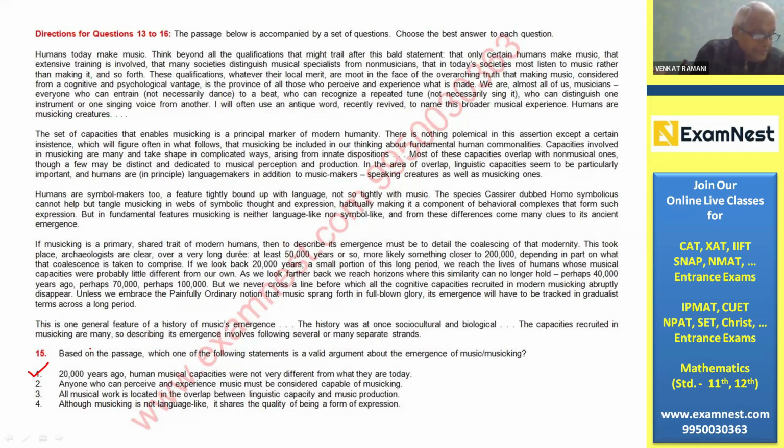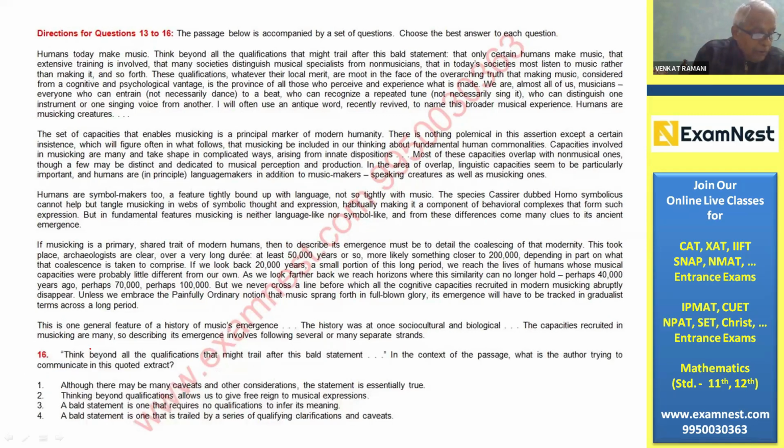The next question is, think beyond all the qualifications that might trail after this bald statement. I think this is in the first line of the first paragraph, right? In the context of the passage, what is the author trying to communicate in this quoted extract? What is he trying to tell us? You see, read the passage. Humans today make music.